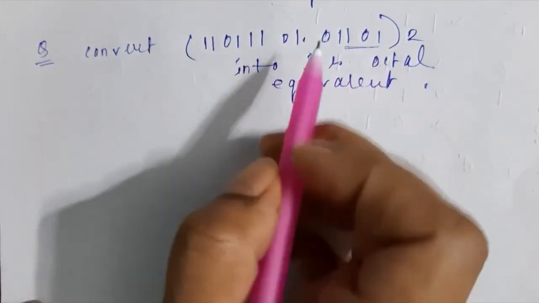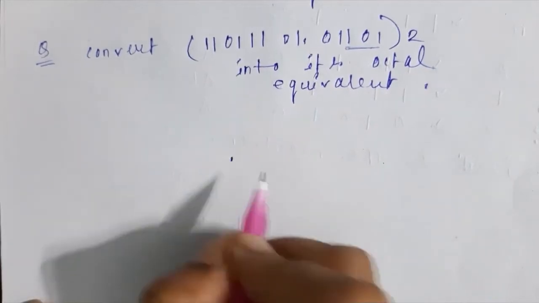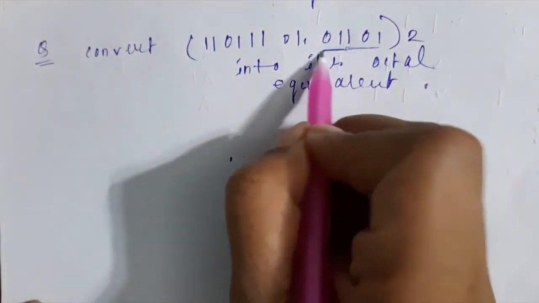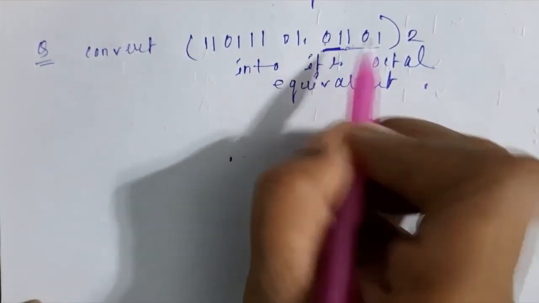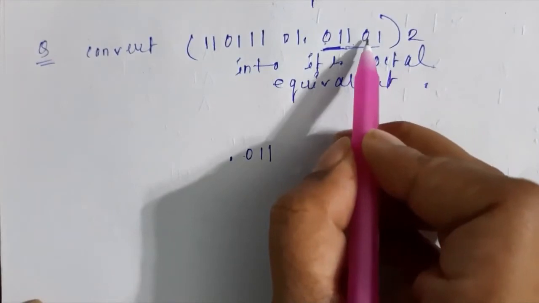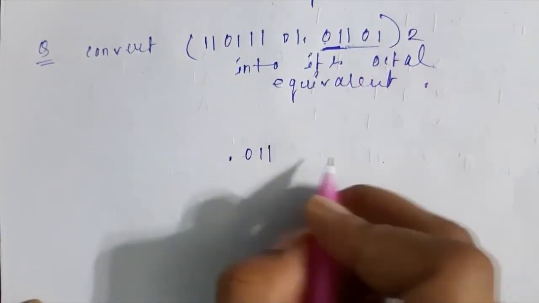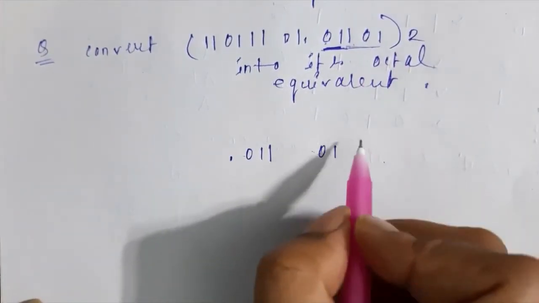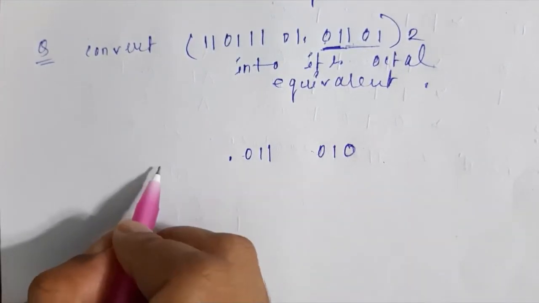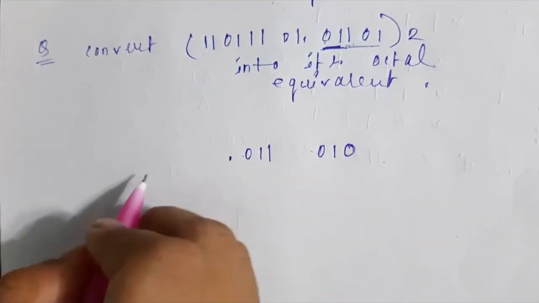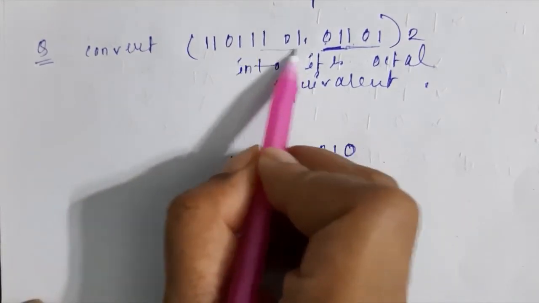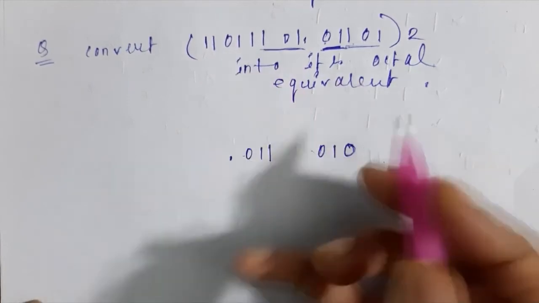Let's start from the binary point. After the point we have 0, 1, 1, then 0, 1, 0, 1. We have to take groups of 3, so here we will add a 0. We have to divide into groups of 3.